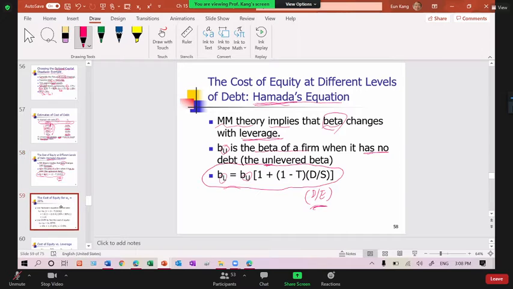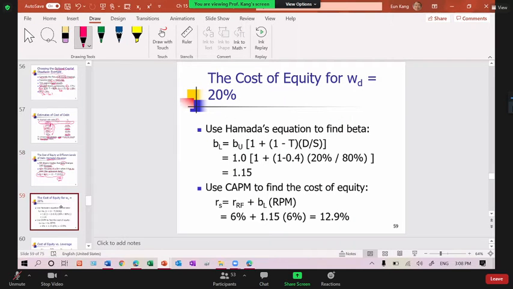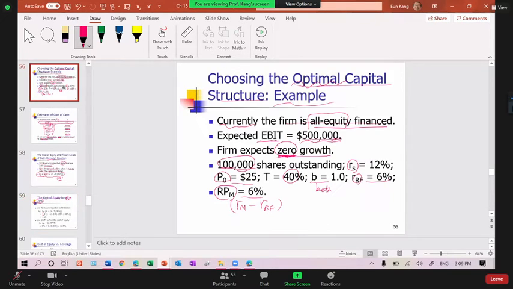Then step by step, let's do just the case when debt ratio is 20%. Then what should be the cost of equity? Then it's like this. We use beta L is BU times 1 plus 1 minus T times D over S. Then what? BU is 1.0. That is from here, right?